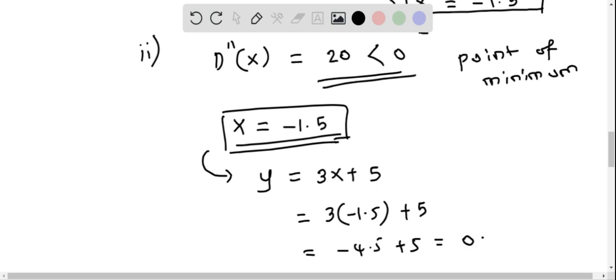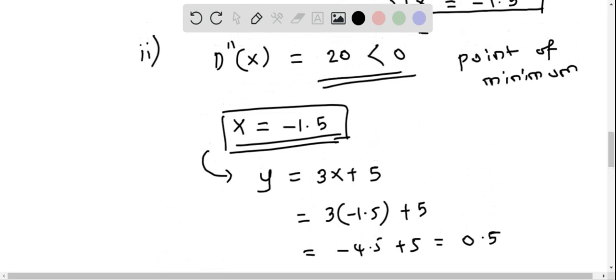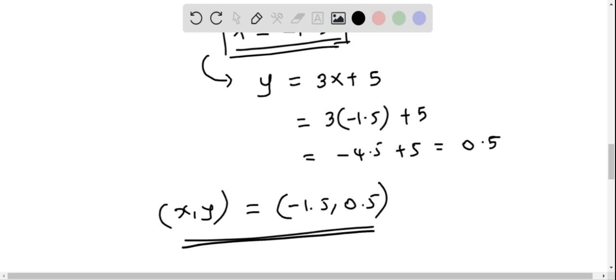This is equal to just positive 0.5. So therefore we can say that the coordinate x comma y is equal to negative 1.5 comma 0.5. So this is the coordinate on the line which is closest to the origin.